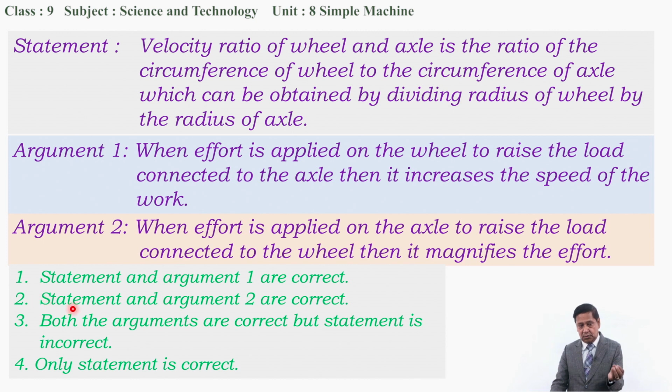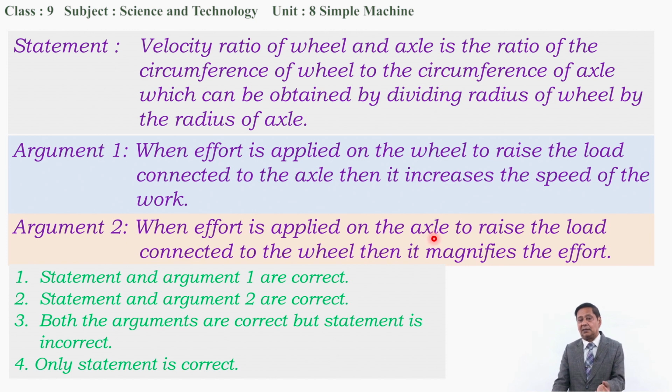Now, option number 2. Statement and argument 2 are correct. We know the statement is correct. Now, let's go through argument 2. When effort is applied on the axle to raise the load connected to the wheel, then it magnifies the effort.